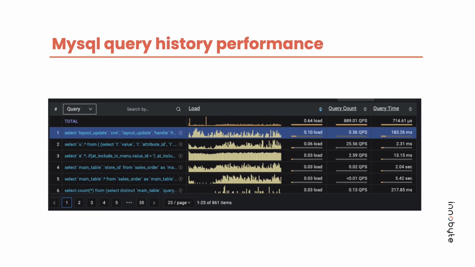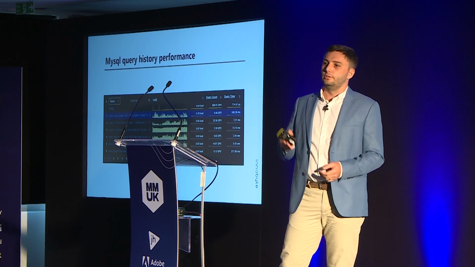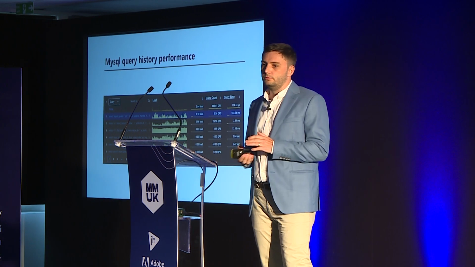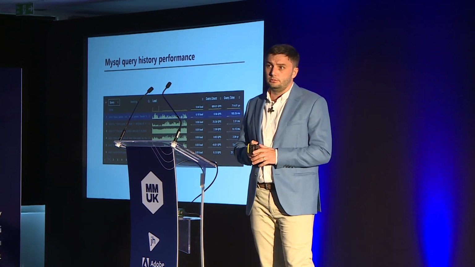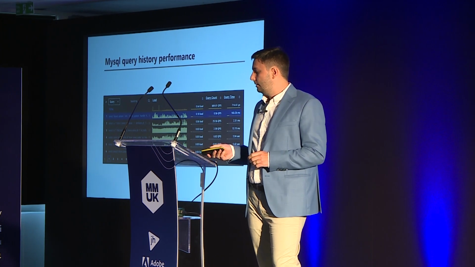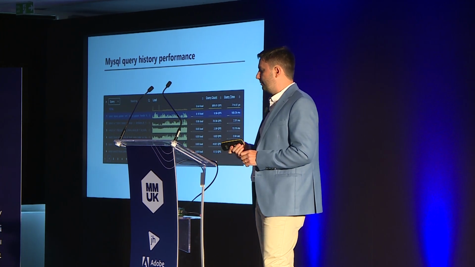So this is what you can see in the query analysis page. They have probably more than 1,000 graphs, with basic ones like load on the server, read/write on the hard drive, memory consumption, all those things. But what I really love, and probably it's the only tool that I know with it, is this MySQL query history performance.